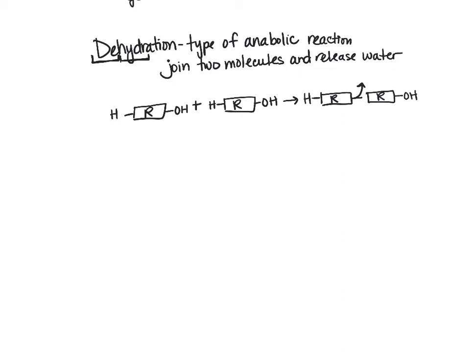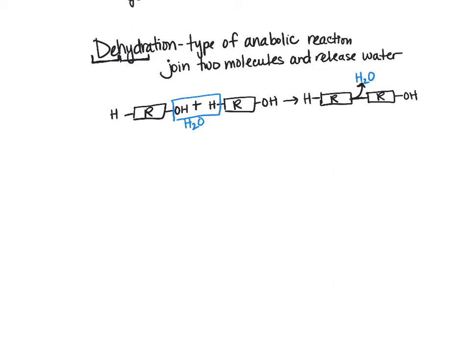And so you can see if we have the reaction between this hydroxyl group here and this hydrogen here, this gives us H2O. And so we've lost H2O in the process. We've released water. And then what we have is our molecule. These two molecules are put together into now a more complex molecule. And in the process, we have lost water. So it's a dehydration reaction.